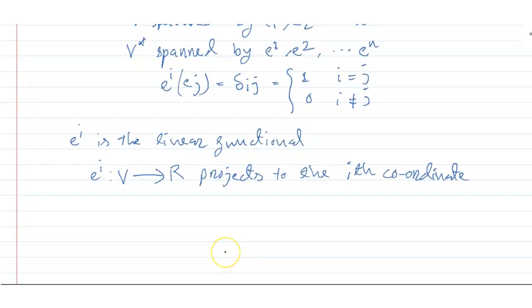V is not naturally isomorphic to V star.